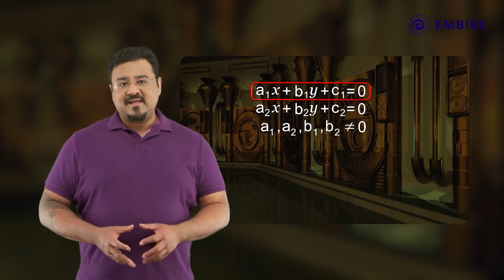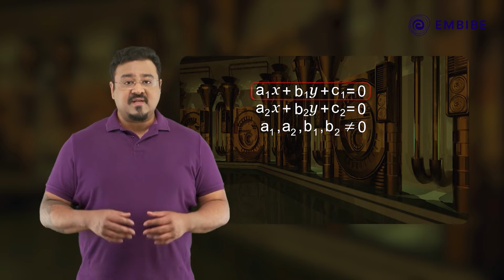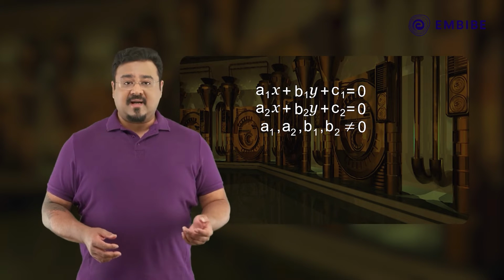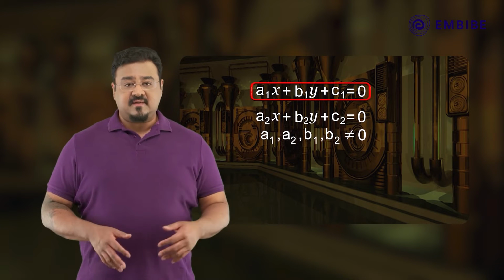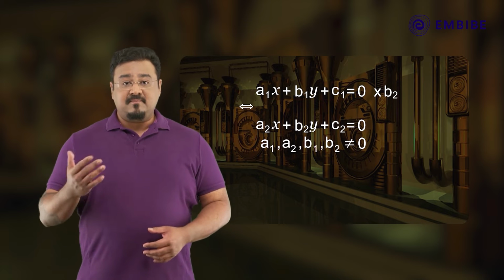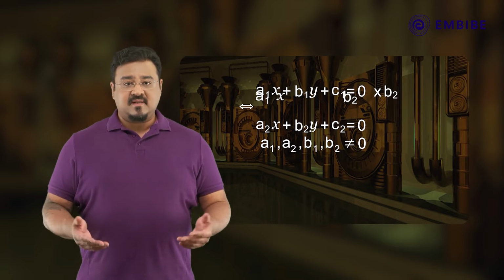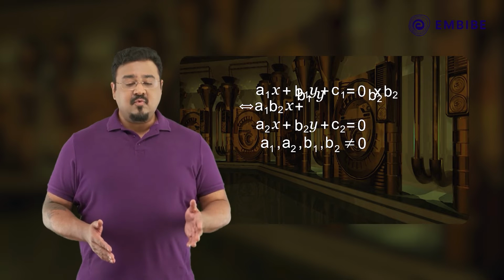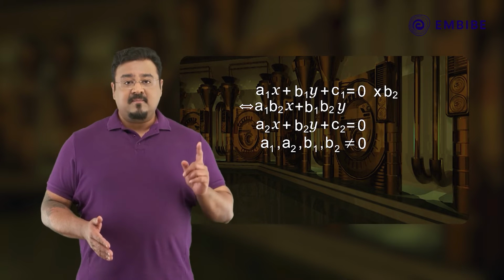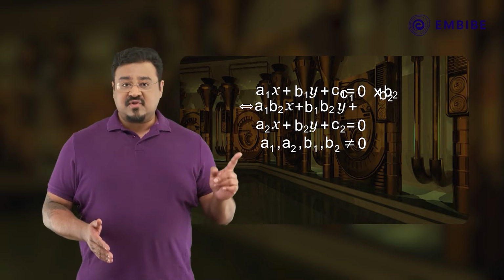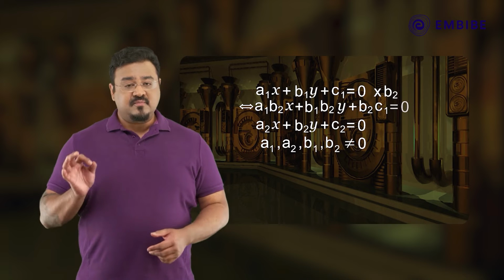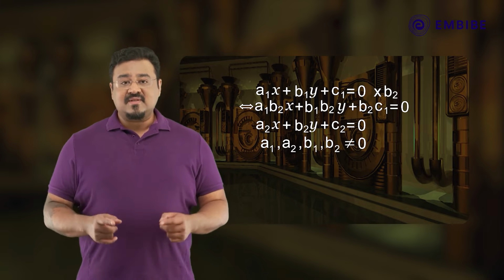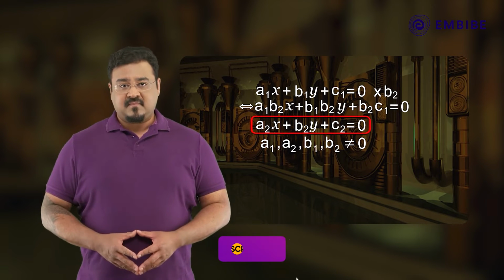Then multiplying the equation a1x + b1y + c1 = 0 by b2, we get a1b2x + b1b2y + b2c1 = 0. This is equation 1.